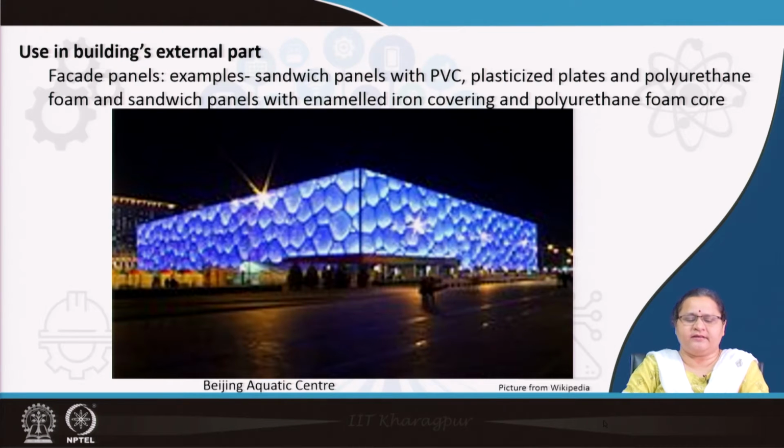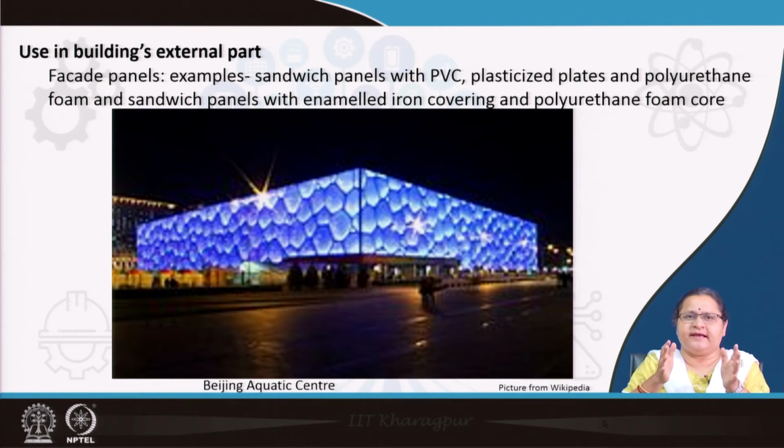Here you see another building which is an aquatic center, Beijing Aquatic Center. Because it is aquatic center, it is looking like water bubbles forming the facade. It is not taking any structural load, but the material is such that it is giving that feel that it is a bubble or bubbly kind of thing.